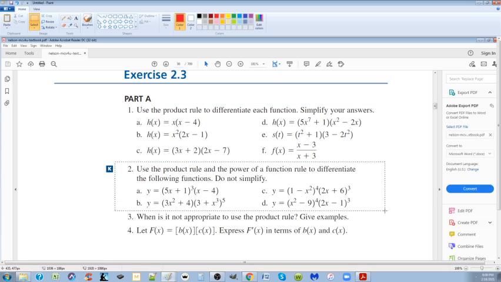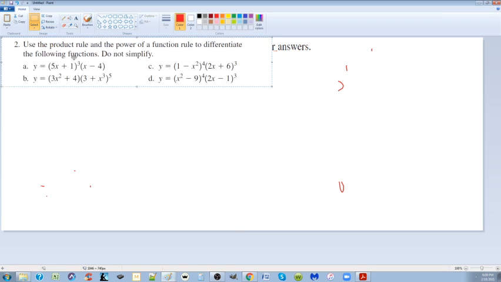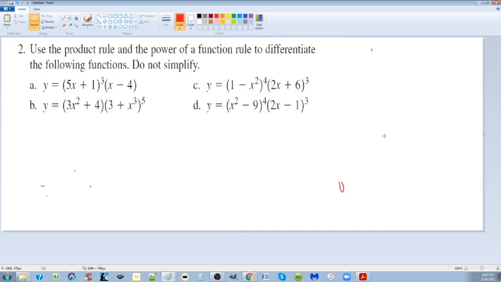Use the product rule and the power function rule to find the, oh man. So these are really just headache ones because of the time it takes. So I don't know if I'm going to do them all. But the product rule says I have to find the, so just assign them.